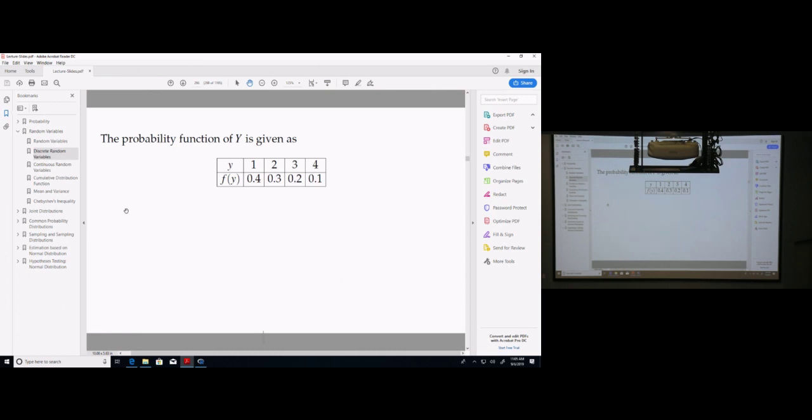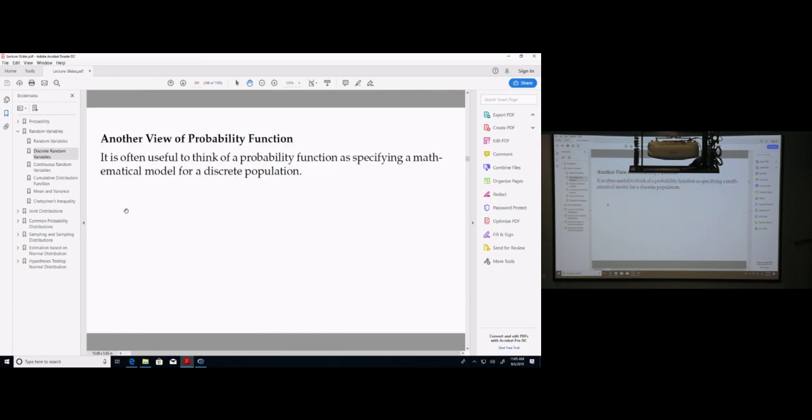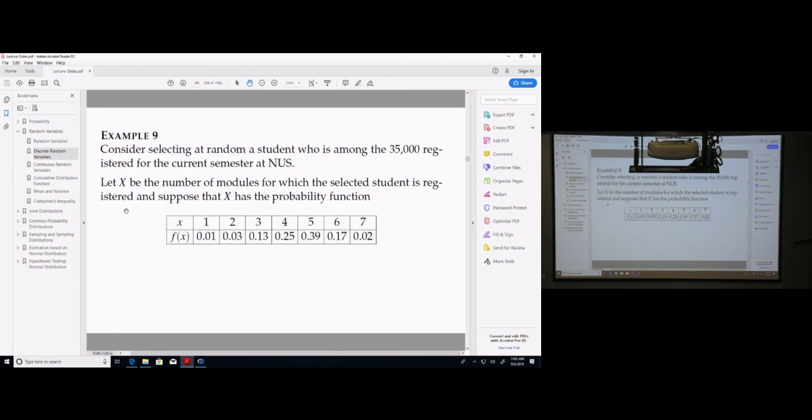Okay, so another view of probability function. It is often useful to think of a probability function as specifying a mathematical model for discrete populations. So we have a population in mind, and we are looking at a certain aspect of this population, depending on what we are interested in.